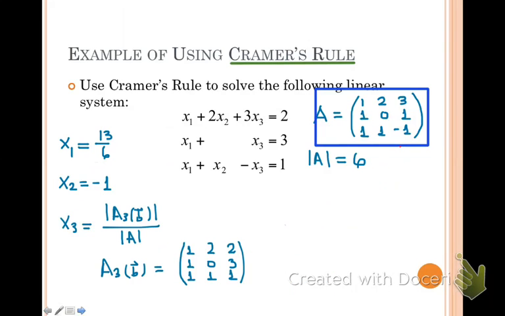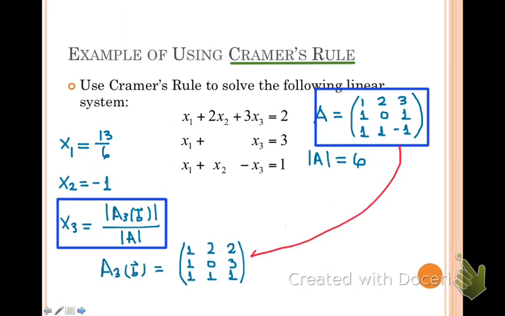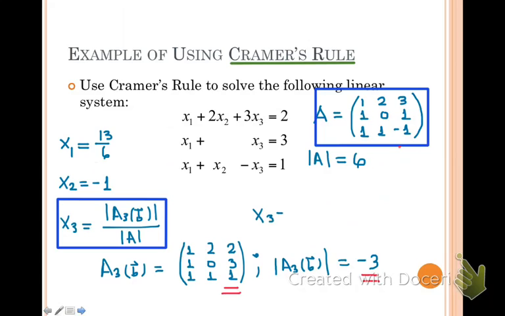To get x3, we need the determinant of A3B divided by the determinant of A. So A3B is the matrix A, where the third column of A has been replaced with the vector B. Finding the determinant of A3B, we find that the answer is -3. Therefore, x3 is equal to the determinant of A3B, which is -3, divided by the determinant of A, which is 6.